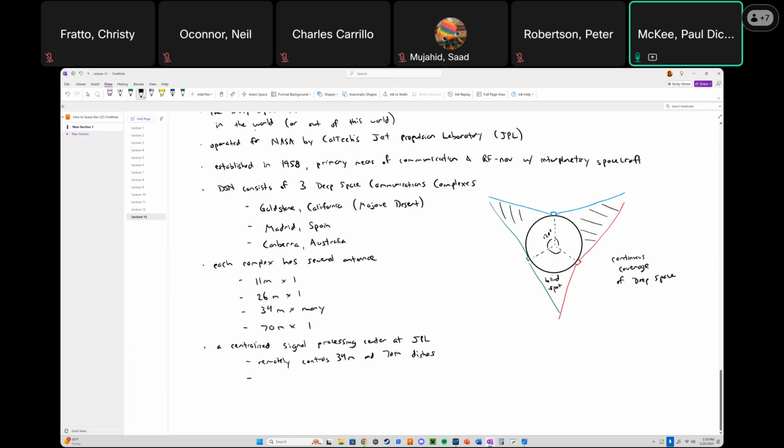It generates and sends spacecraft commands, and it receives and processes spacecraft telemetry.